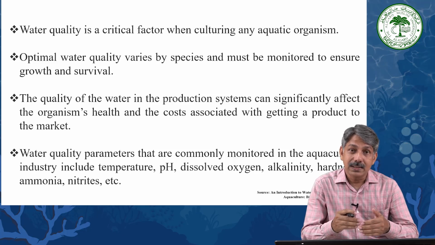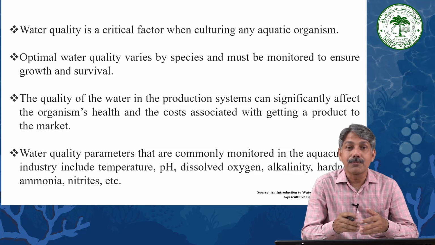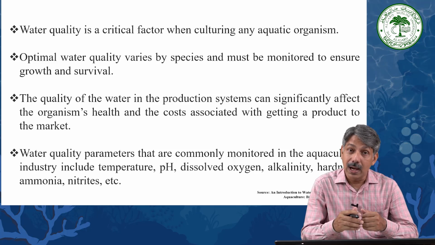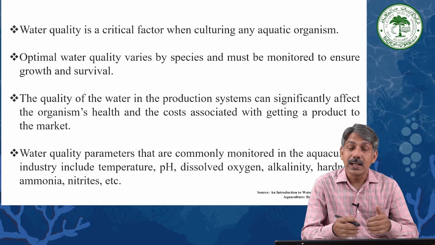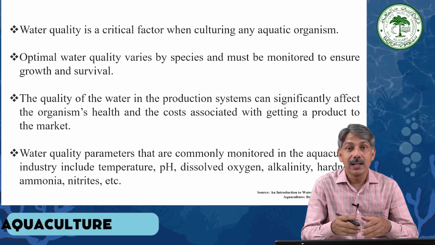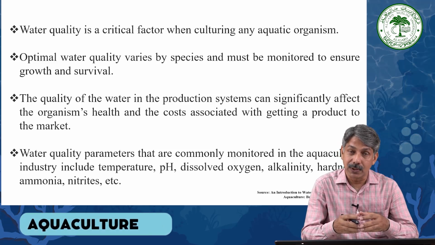All of these three categories have different range of water quality parameters, and there are different aquatic species which have adapted successfully to survive, feed, grow, reproduce, and complete their life cycle within these specific water systems.